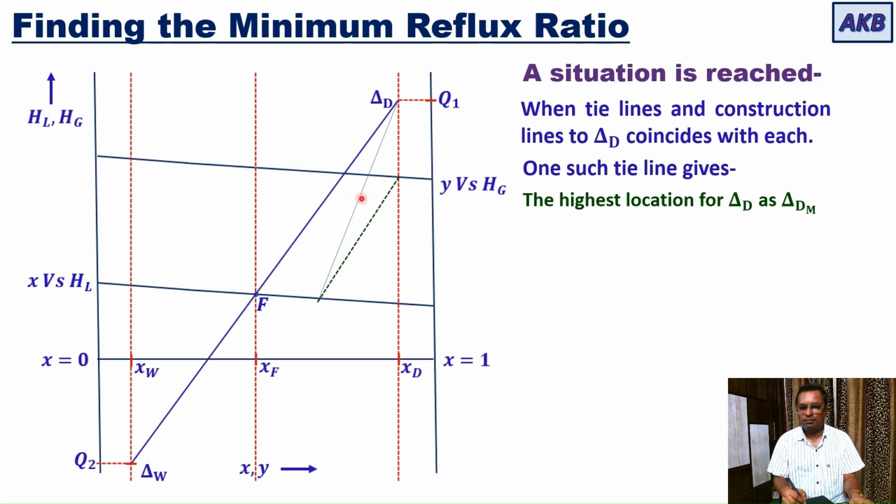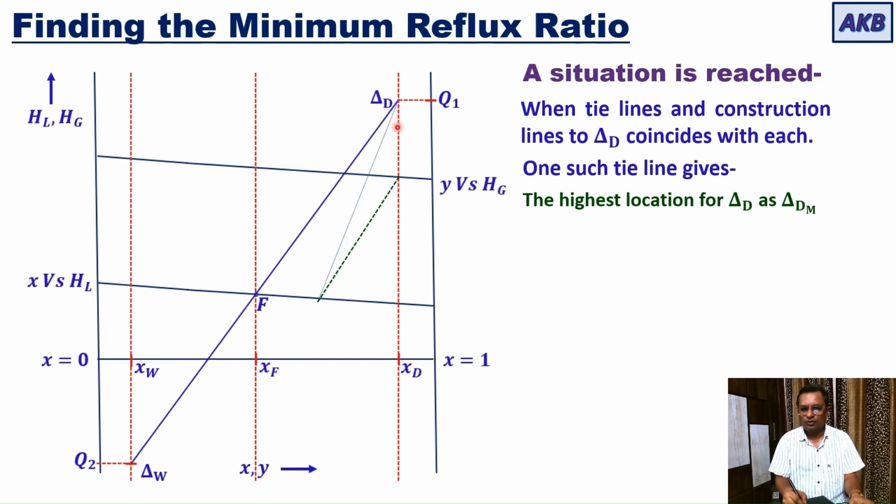So as the reflux ratio is decreased, the construction lines and tie lines are going to come closer to each other. A situation will be reached where the construction lines and tie lines will coincide with each other, and there will be one tie line which will give the highest location for the point delta D. Highest location, but that is below the point delta D.